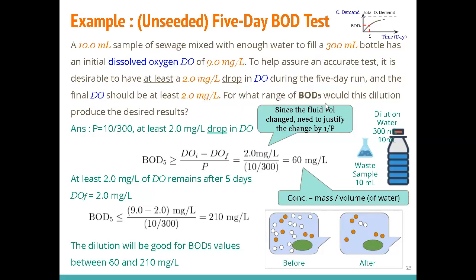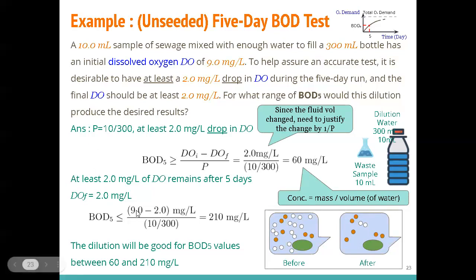So for what range of BOD5 would this dilution produce the desired results? So now you have a range for your BOD5 because you want the drop to be larger than 2, right? So your BOD5 should be larger than 60 milligram per liter. Okay.